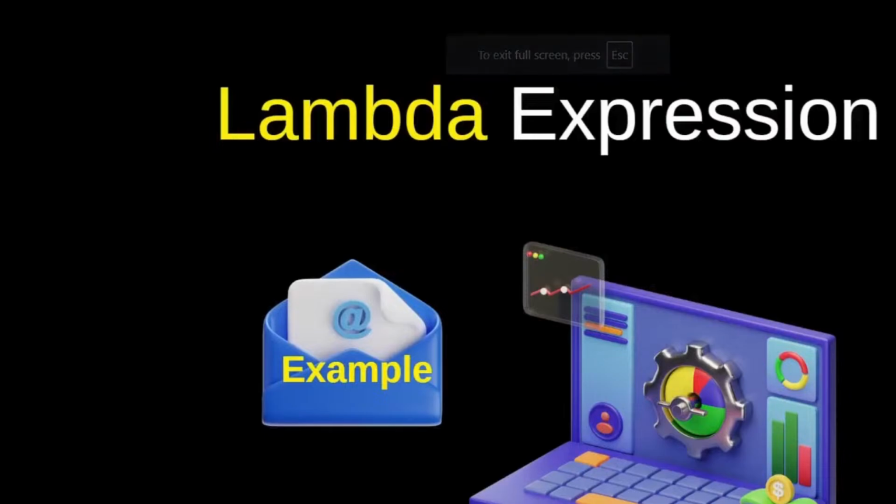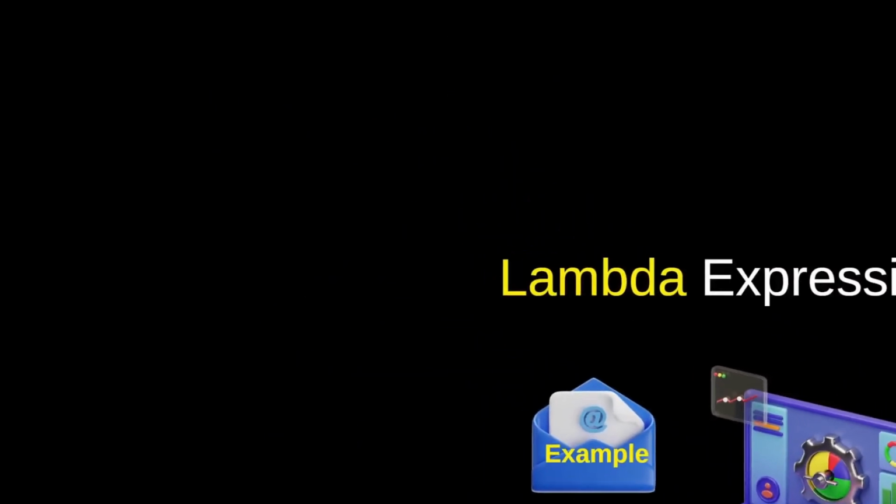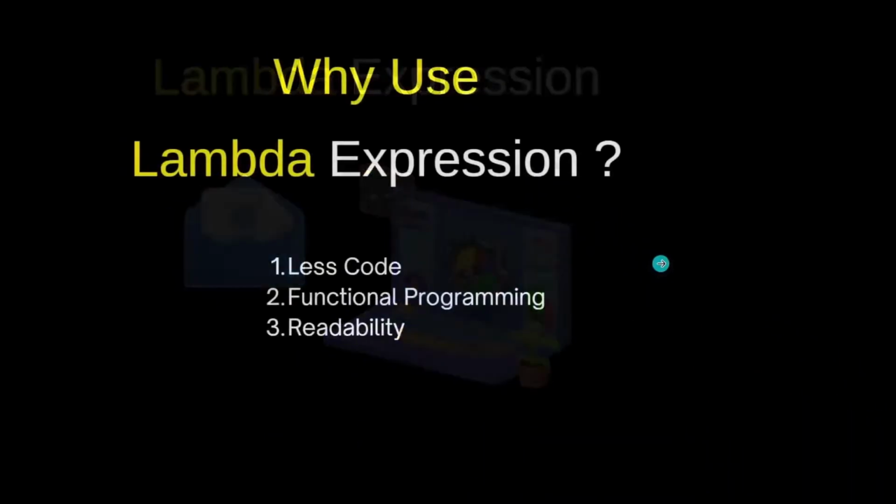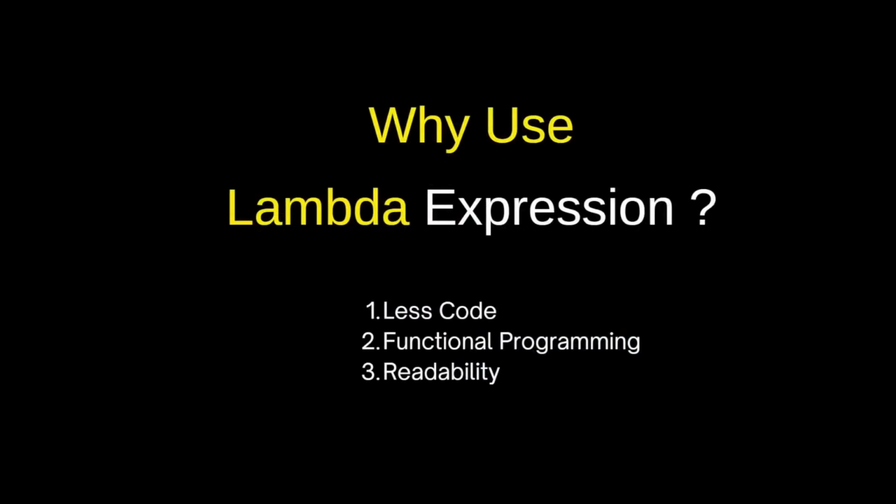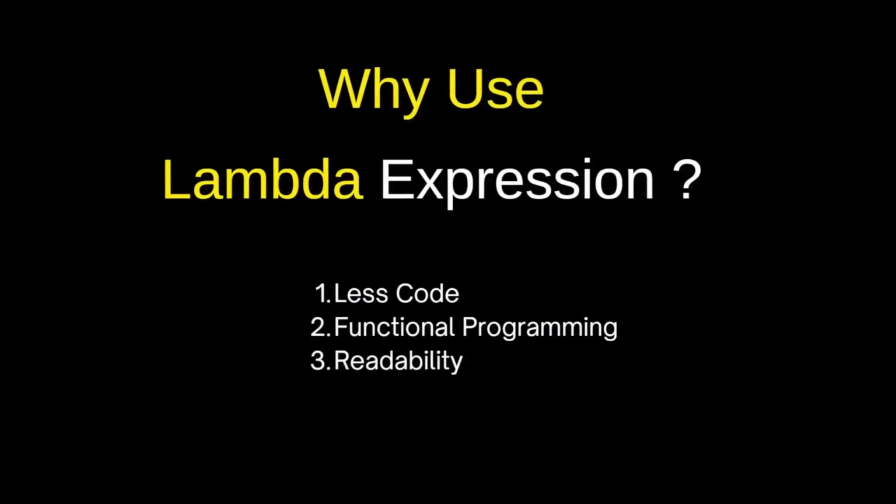Okay, now we have completed the examples, and let's see why we are using lambda expressions. Most importantly, during development we use a lot of boilerplate code. To avoid that code, we can use Java 8 features like lambda expressions and functional programming. Functional programming is about functions.